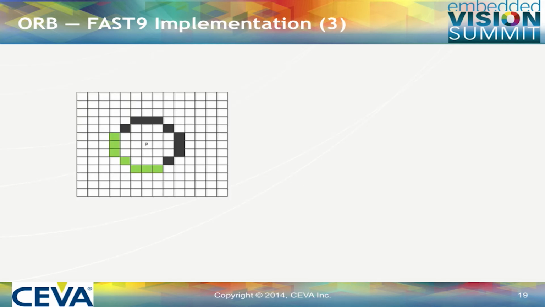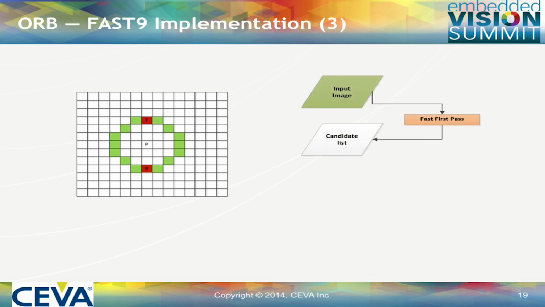So here, this is a graphic explanation of what I just said. These are the 9 pixels of the arc. And the first thing we want to do is a quick early exit that allows us to load the pixels in a long linear fashion. So I'm going to say that if the top pixel and the bottom pixel are not much lighter or much darker than the center pixel, then this point cannot be a corner.